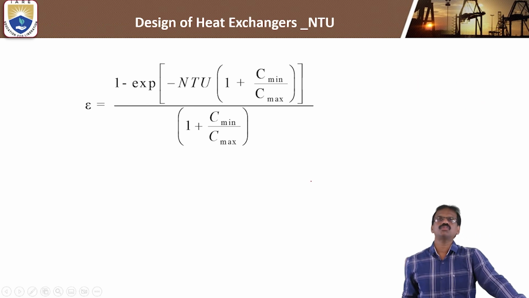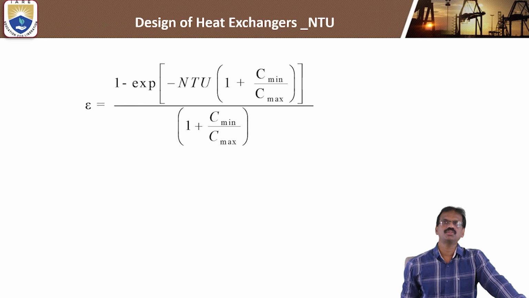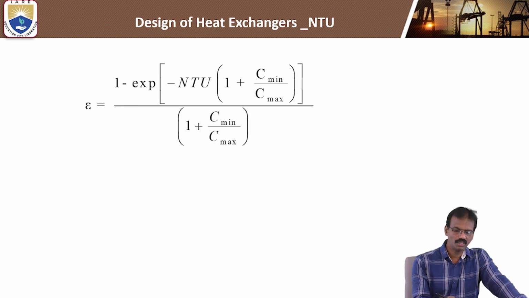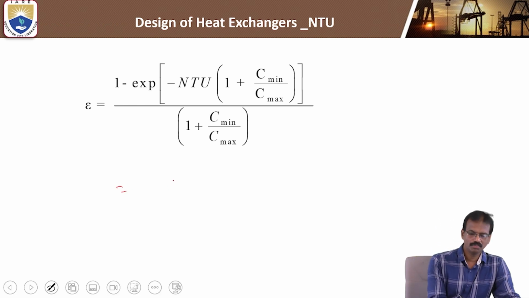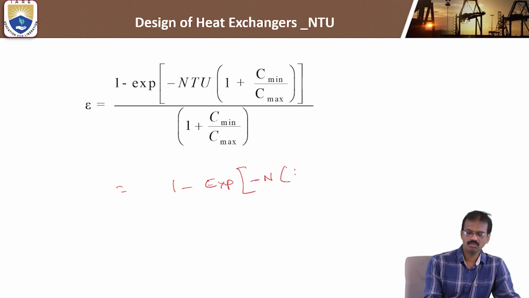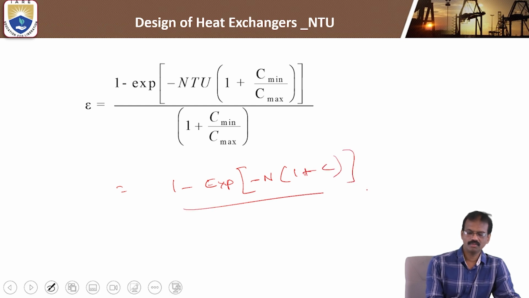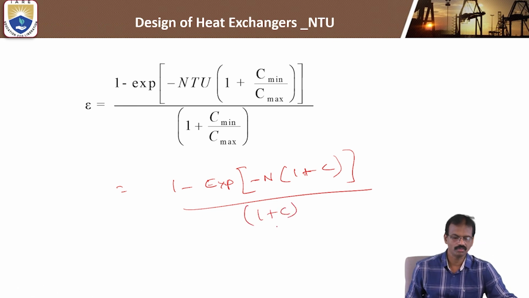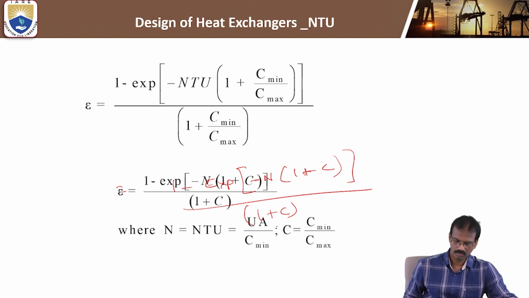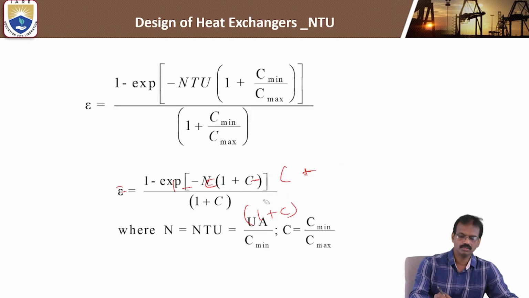So epsilon is equal to 1 minus exponential of minus NTU into 1 plus C minimum by C maximum. You can rewrite it like this, representing C minimum by C max as C, as a shortcut.